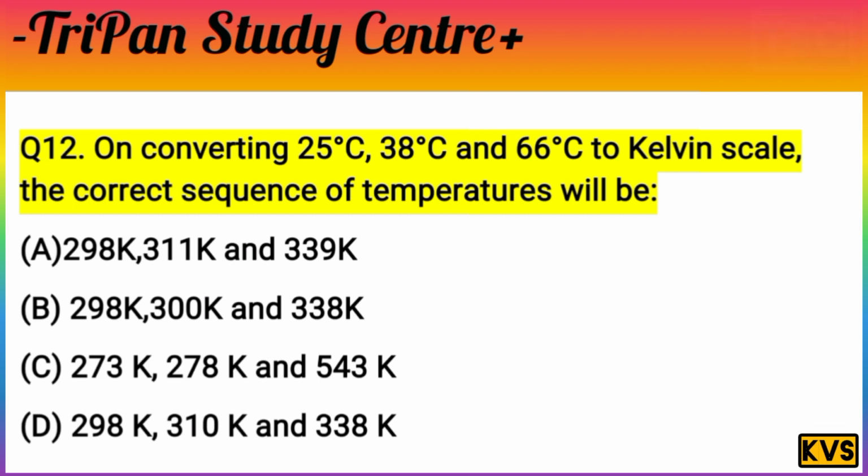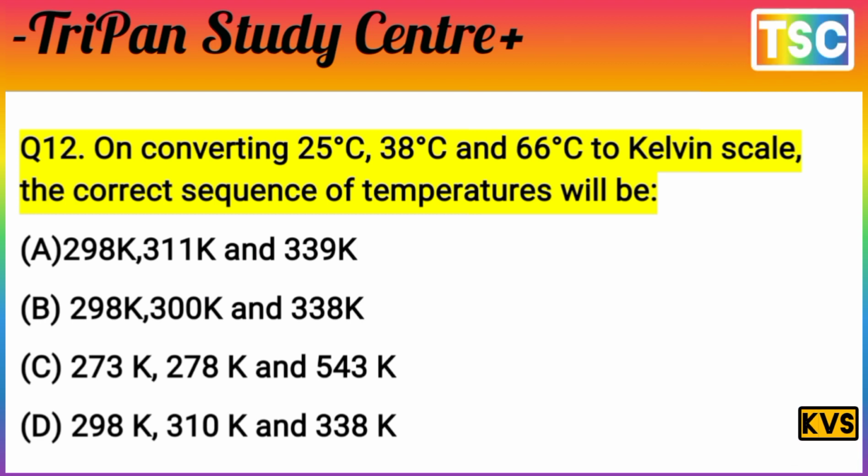If we look at the options: A is 298K, 311K and 339K. B is 298K, 300K and 338K, C is 273K, 278K and 543K, and D is 298K, 310K and 338K.